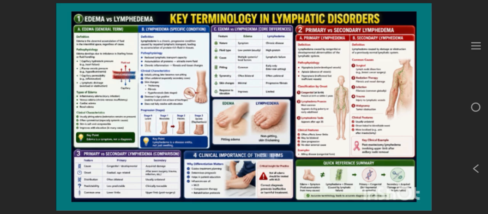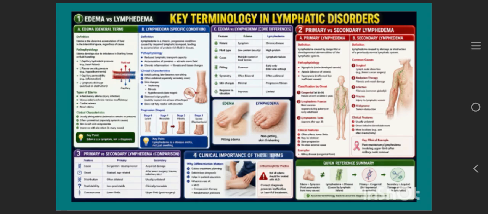Primary lymphedema causes are congenital and developmental, but secondary is acquired damage. Onset of primary lymphedema is gradual and age related, and secondary lymphedema onset is after an event like surgery or trauma. Distribution of primary lymphedema is often bilateral, and secondary is usually unilateral.